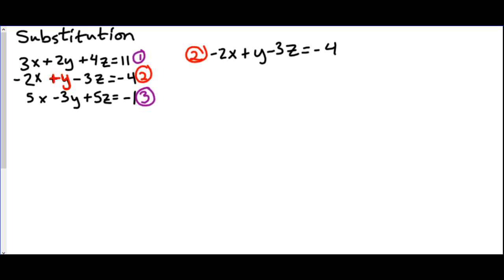To do that, we're going to have to move the negative 2x and the negative 3z to the other side. So I would need to add 2x to both sides and add 3z to both sides as well.